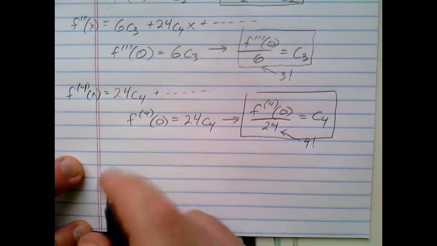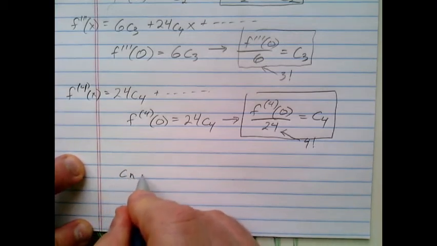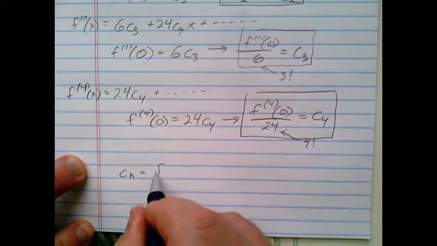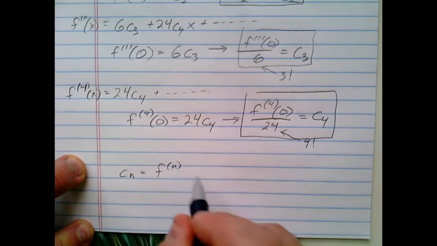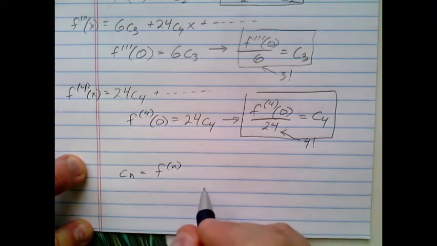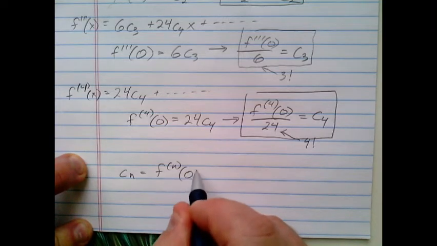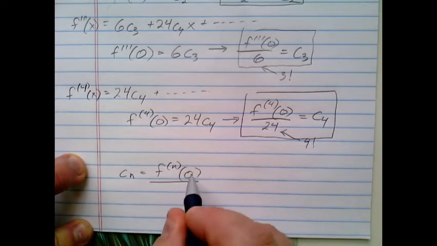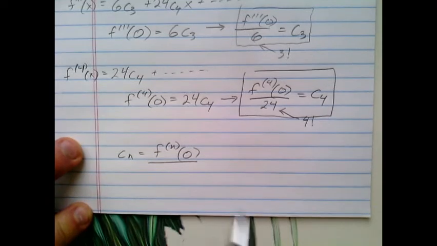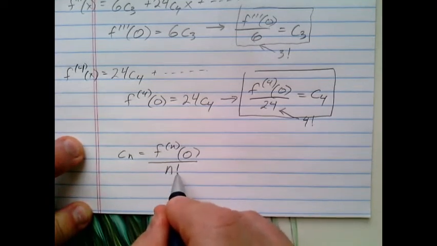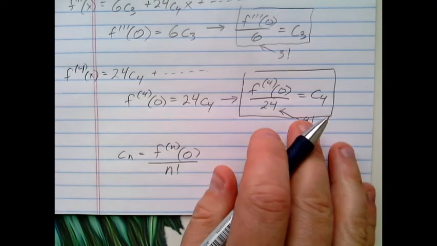So if I want to generalize, I could say that c sub n is the nth derivative of my function, evaluated at 0 or whatever number we're centering the series at, and then divided by n factorial.